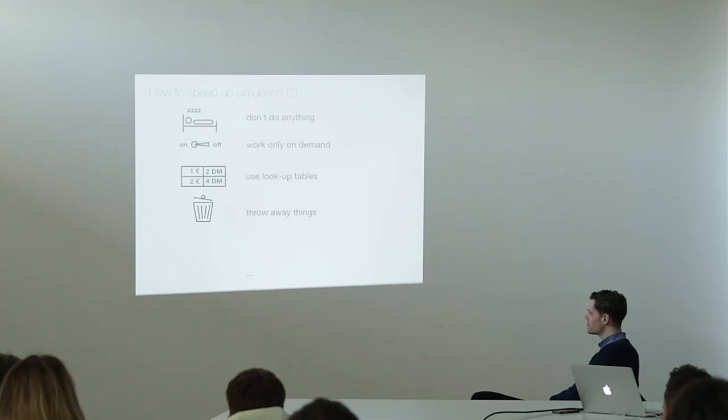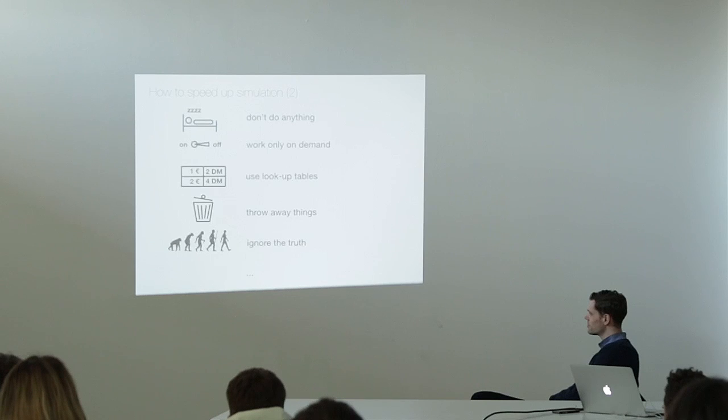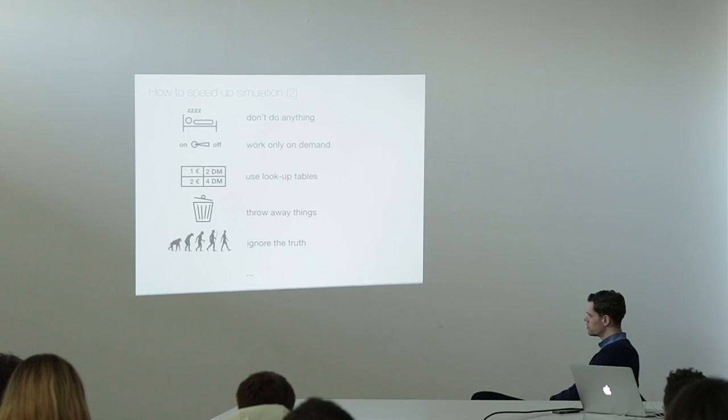And the last one, which is for us very important, is ignore the truth. Ignoring the truth means the only reason why you do a simulation is because you want to go back and see what happens.